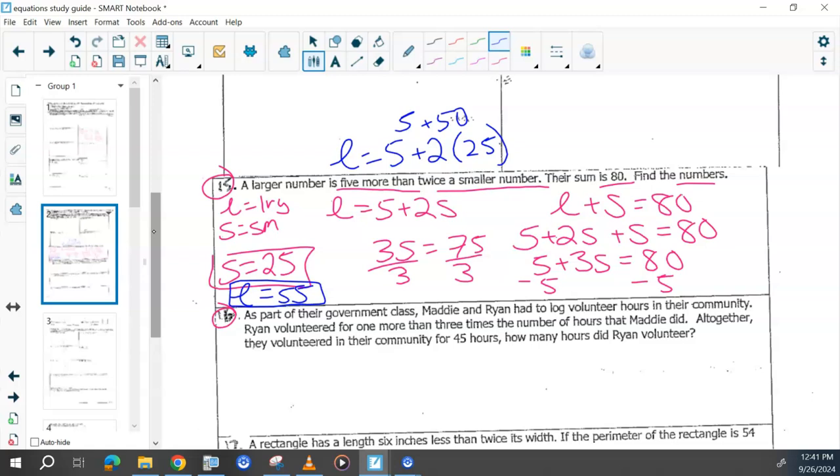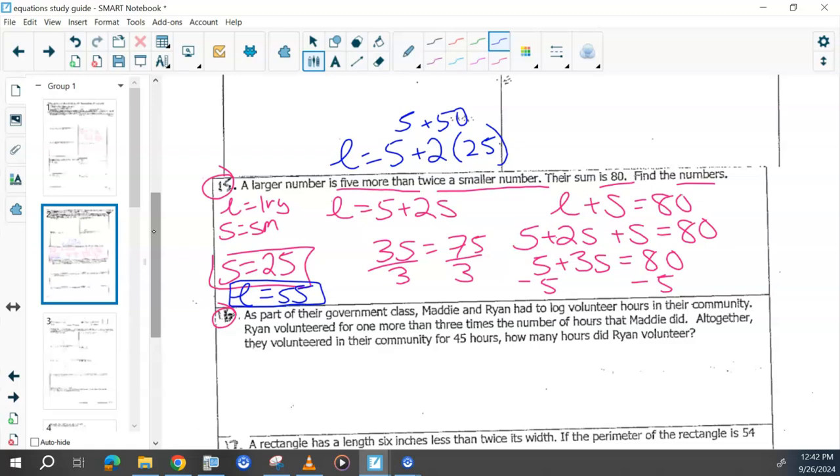Other questions? How do you know where to put the 2? In this one, because it's twice a smaller number, I'm multiplying. It didn't matter if I put that first or last. But if it was subtracting, then it would have to go in a certain order.